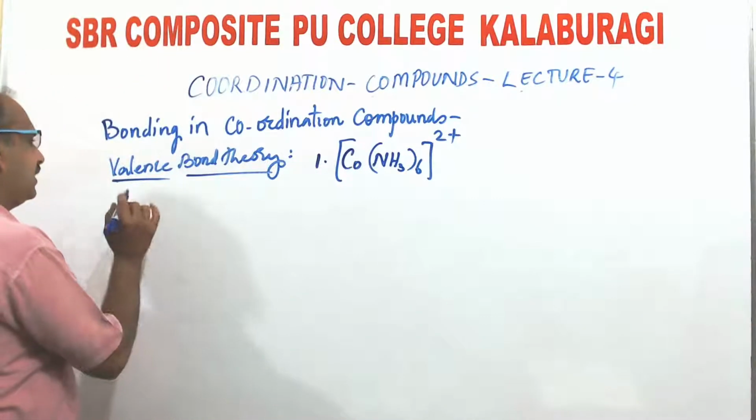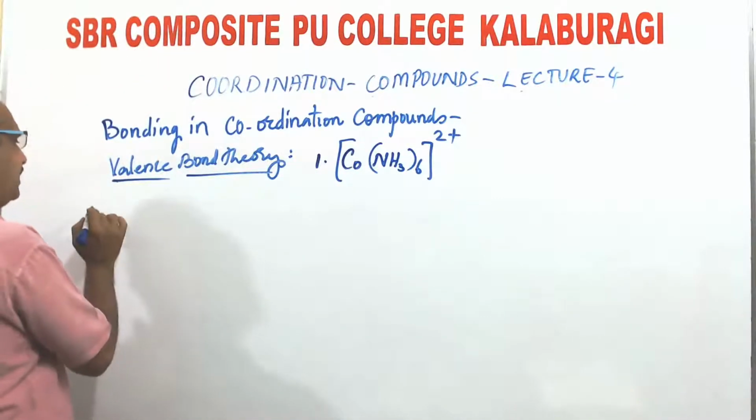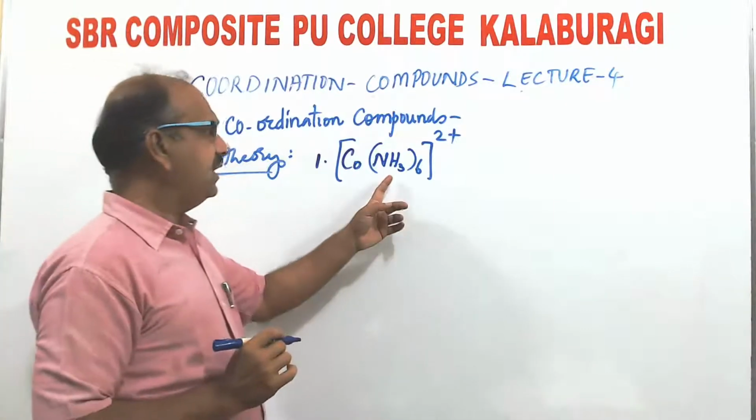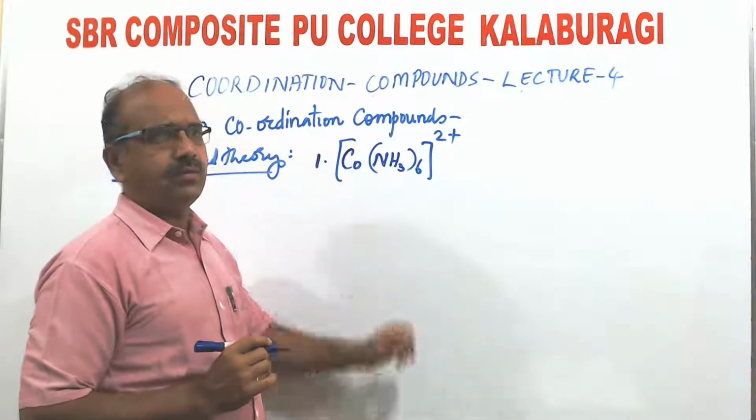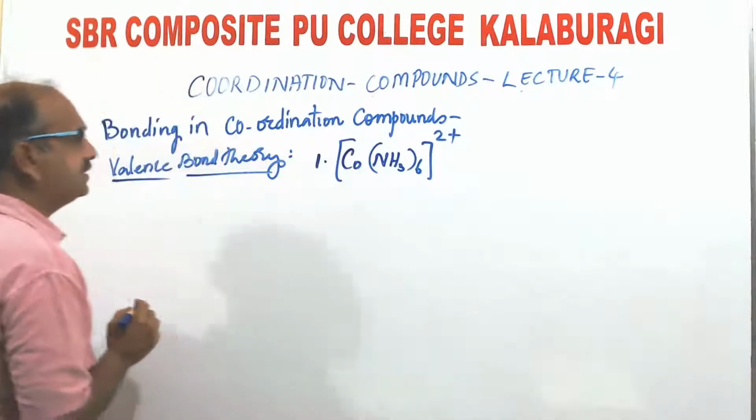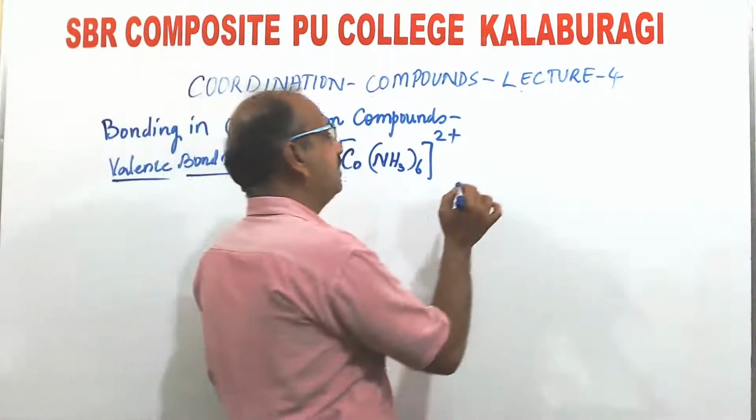Let us see. In order to understand this inner orbital complex, examine cobalt and understand the bonding in this.